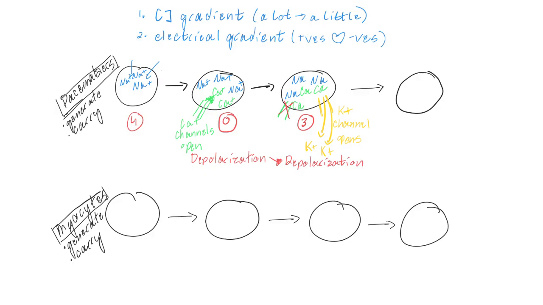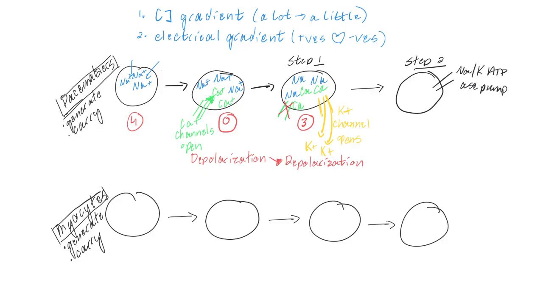Well, I actually split step number 3, or phase number 3, into 2 different steps. So we'll call this step 1 of phase 3, and we'll call this last picture of the cell step 2 of phase number 3. And here is where the sodium potassium ATPase pump comes in.